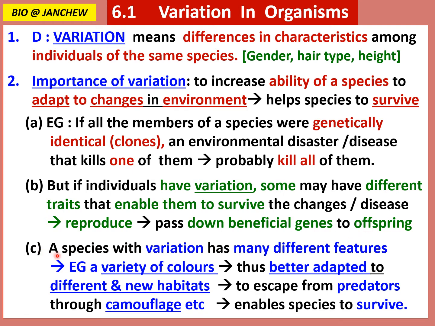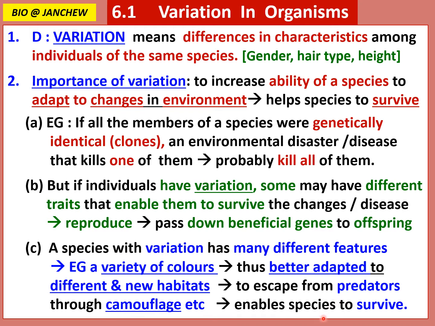Now, a species with variation has many different features, such as a variety of colors, and thus they are better adapted to the different and new habitats to escape from predators through camouflage. Camouflage means the ability of the organism to blend in with the environment by having similar colors with the environment or similar patterns, so that they are not clearly seen by the predators, and so they can escape being eaten by the predators.